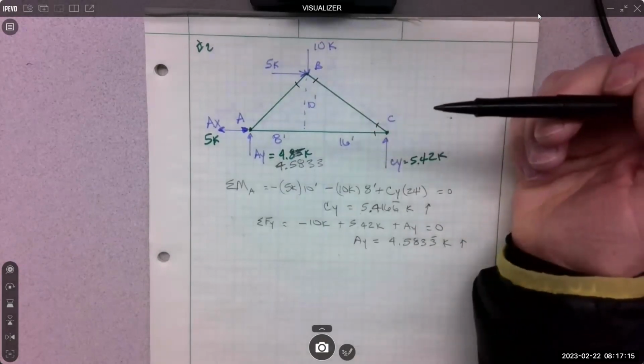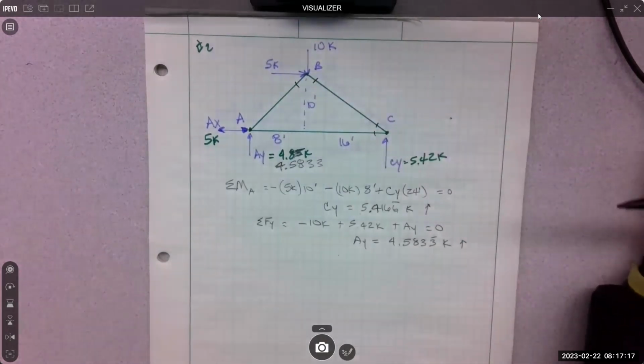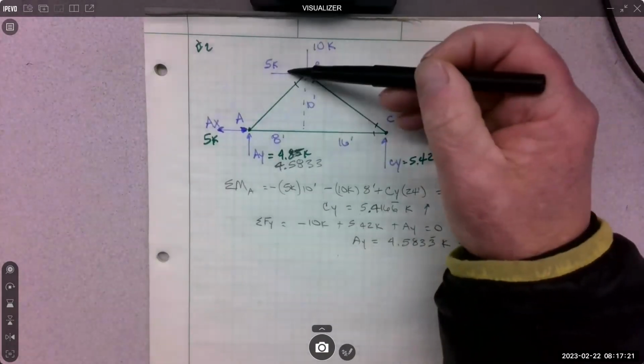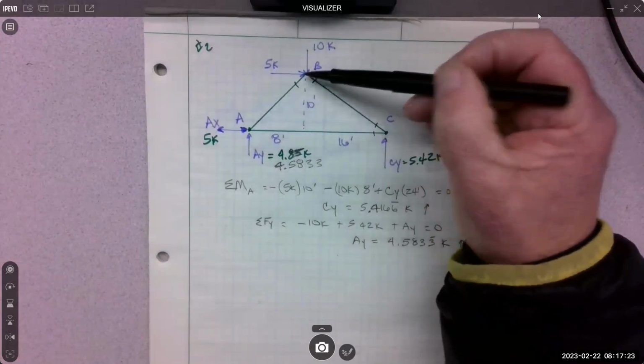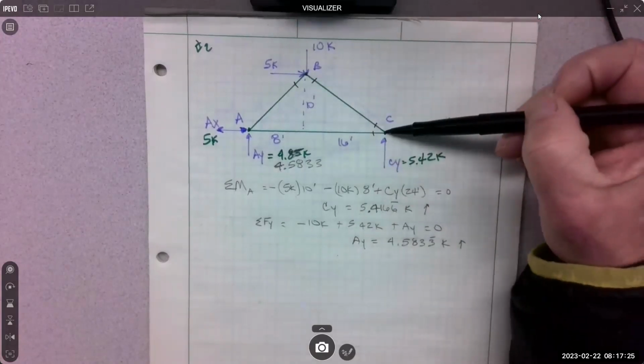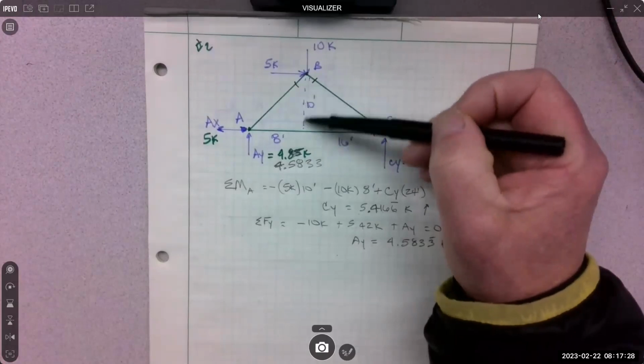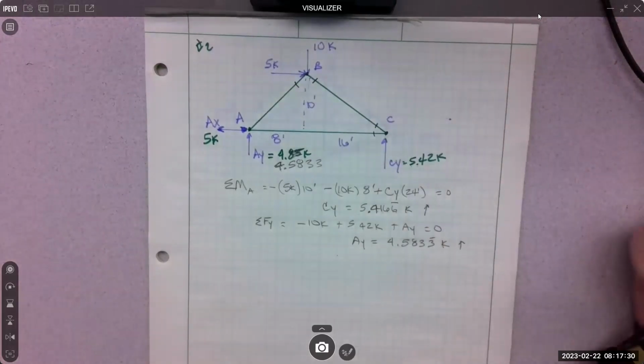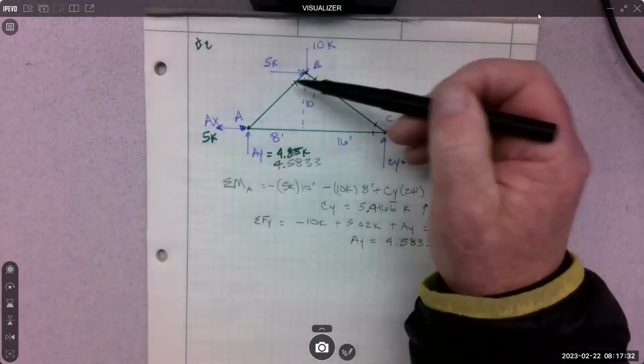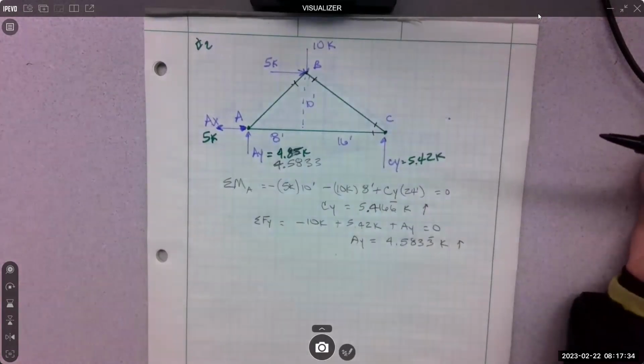I see. Where's the third unknown? We know the 10, we know the 5, we don't know AB, and we don't know BC. And that's not a member, that's just a dotted line that I put in. So there's two unknowns. Okay.